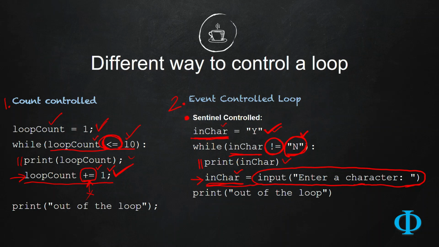It is not using any arithmetic operation, but the loop control variable here is being modified based on the input from the user. And that is the difference between a Sentinel controlled and a count controlled while loop. Here the modification is basically an arithmetic operation to modify the loop control variable, but here the modification is basically a user input to modify the loop control variable.